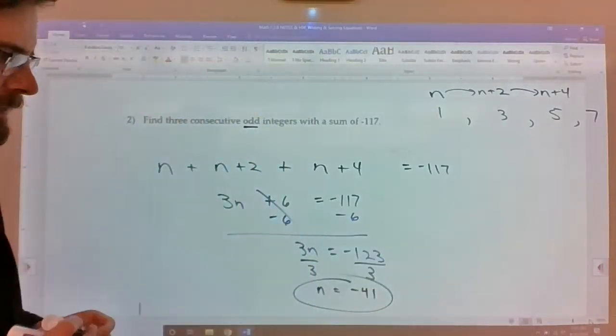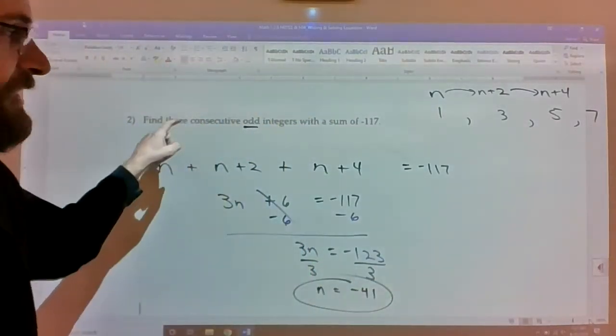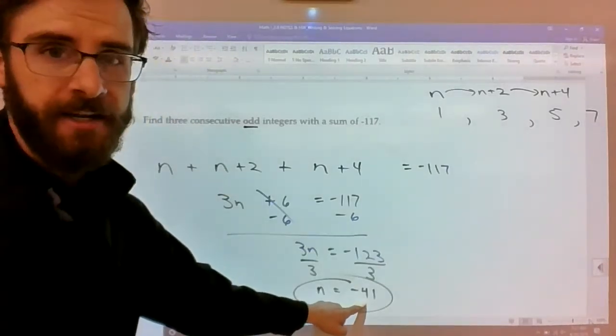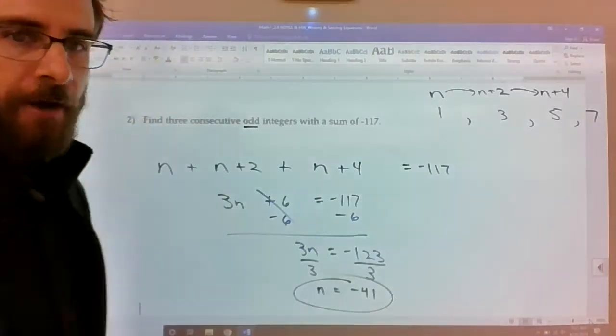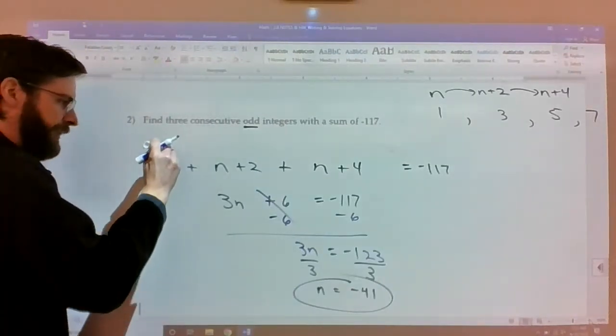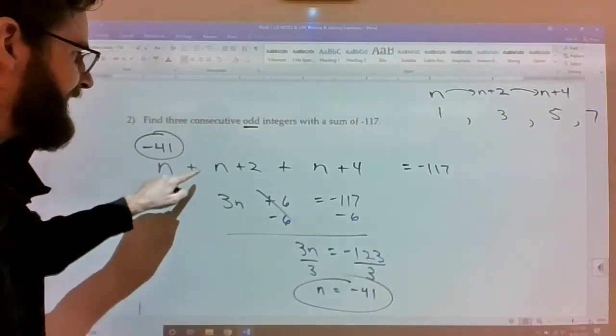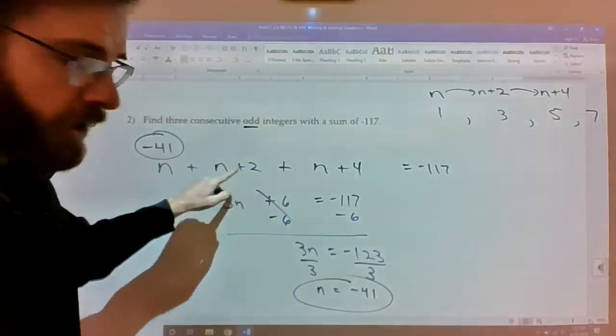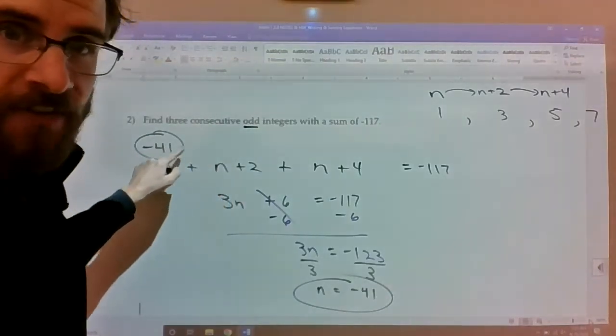Okay? Now don't stop there. It says find 3 consecutive odd integers. We found one of the odd integers. Okay, we found n. So negative 41 is our first one. Now add 2 to that. A common mistake that students make is they want to call this negative 43 when they add 2 to it.